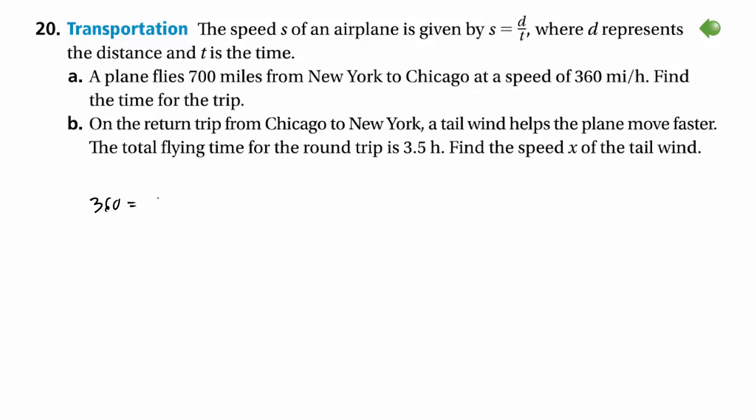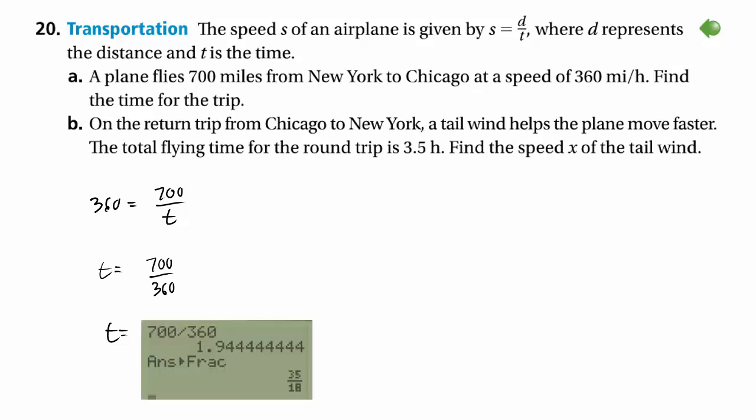That's equal to the distance, which is 700, over the time. We want to solve for that time. So you solve for time by taking the 700 and dividing it by 360. You could work it out longer, but if you just swap these, it works out nicely. And the units work out too. So the time it takes is right about 1.94 repeating hours.